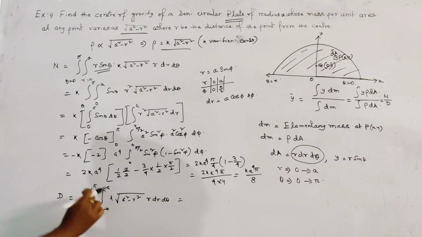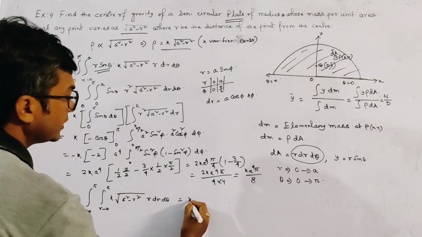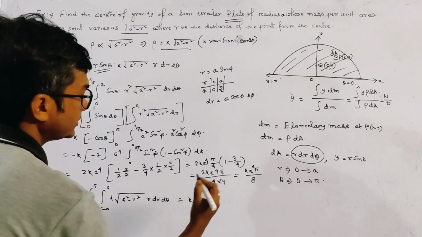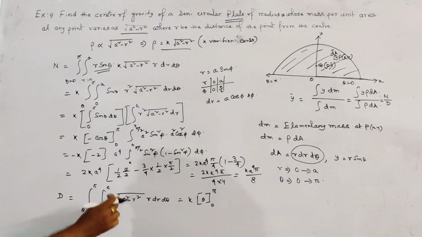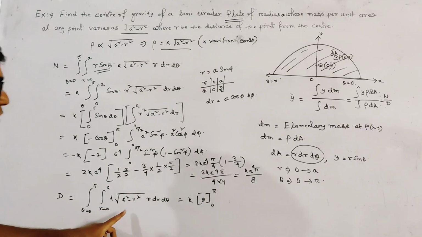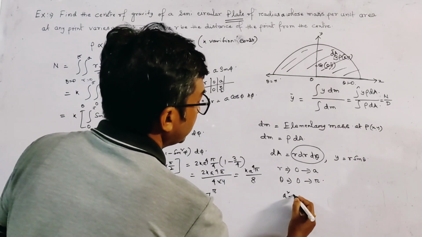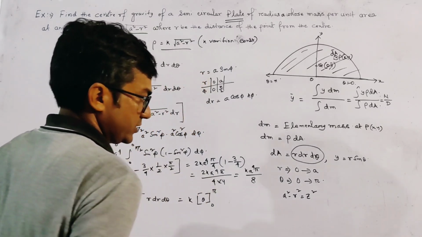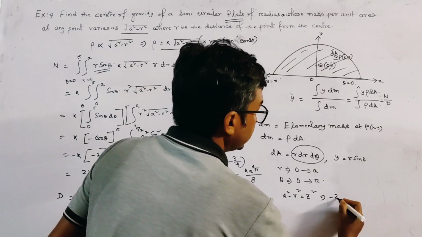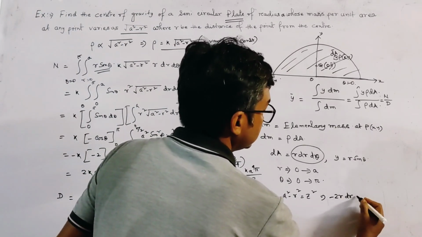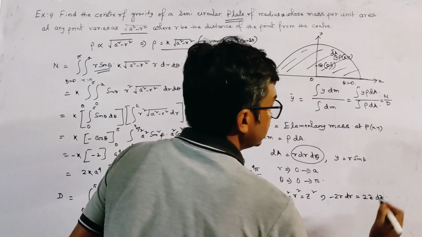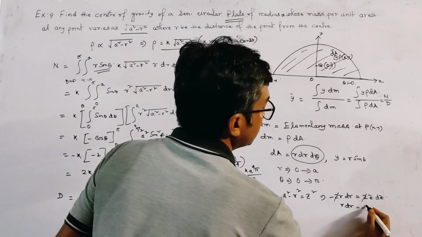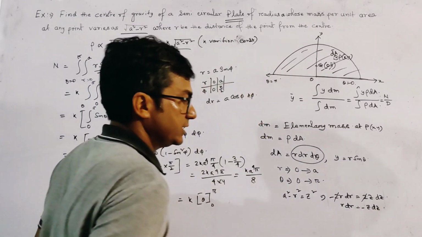Integrating with respect to theta, we get here k into theta, this is 0 to pi, and for this integration we put a square minus r square, this is equal to z square. So this is minus 2r dr, this is equal to 2z dz, and 2 to cancel out, so r dr, this is equal to minus z dz.